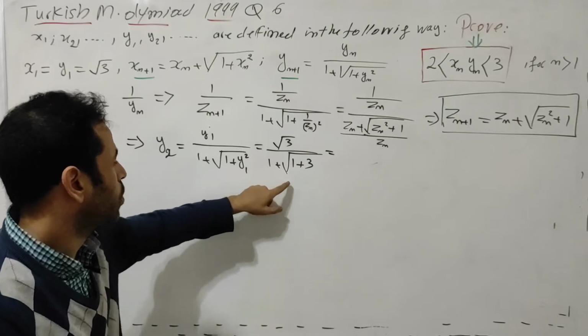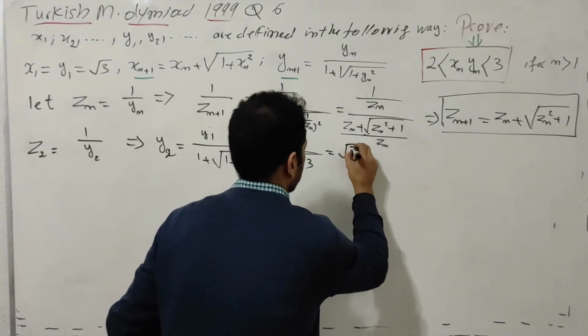Square root of 4 is 2. 1 plus 2 is 3. I will have square root of 3 over 3.